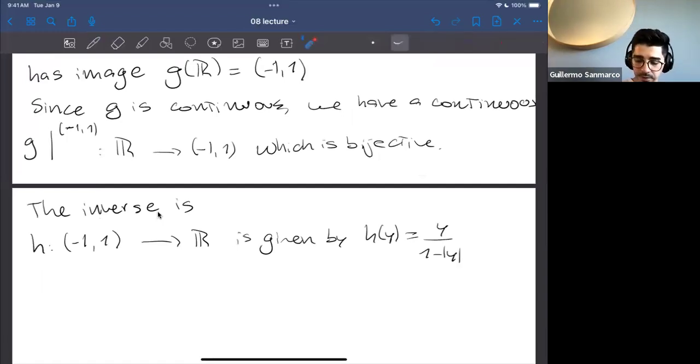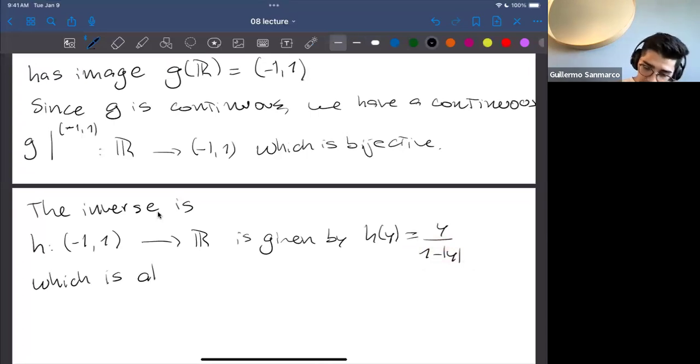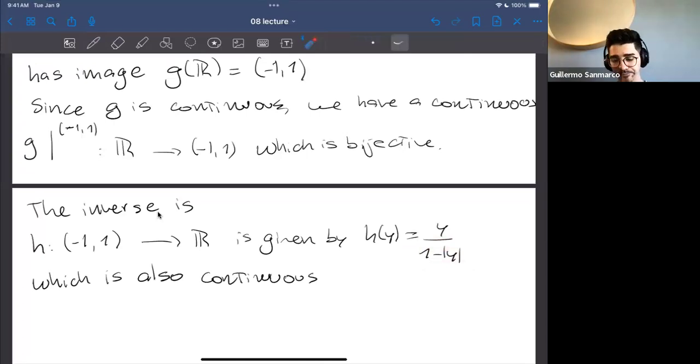So it's very important that we're restricted to this interval, because otherwise we could have trouble here with this denominator. But this function is also continuous, which you can prove using your usual analysis knowledge. So it's a quotient of two continuous functions where the denominator is never 0.